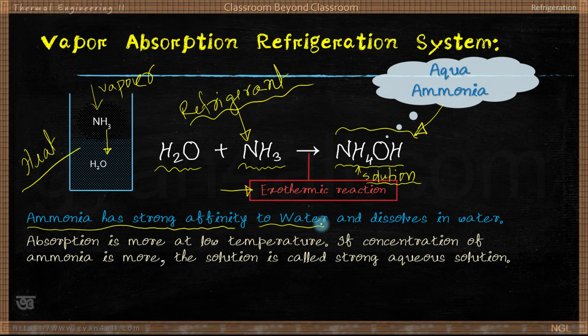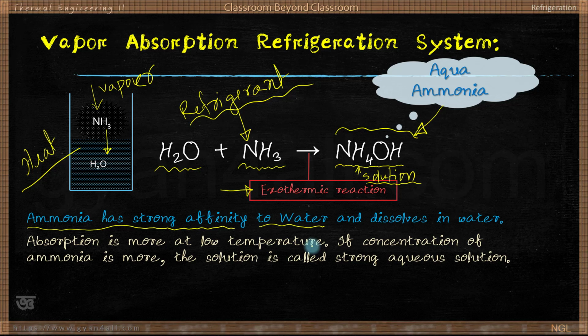Absorption efficiency is more at low temperature. If the water temperature is low, then water will immediately absorb ammonia. That means efficient absorption. And if the temperature is high, then absorption will be less. So that is also required in the absorption refrigeration system.